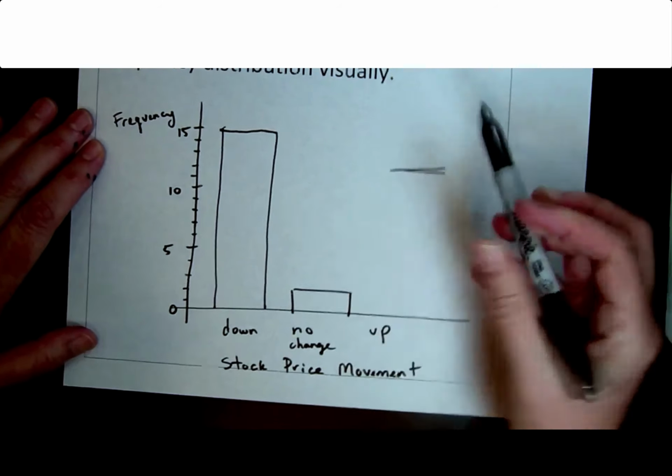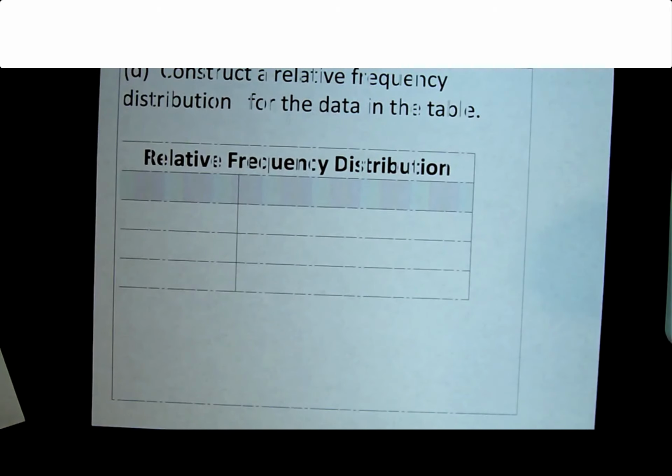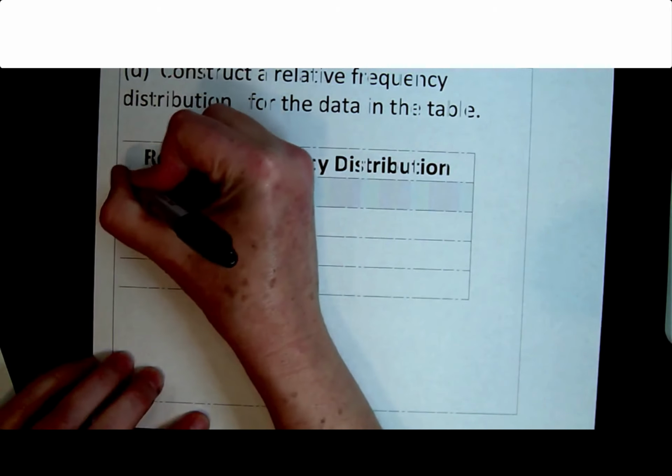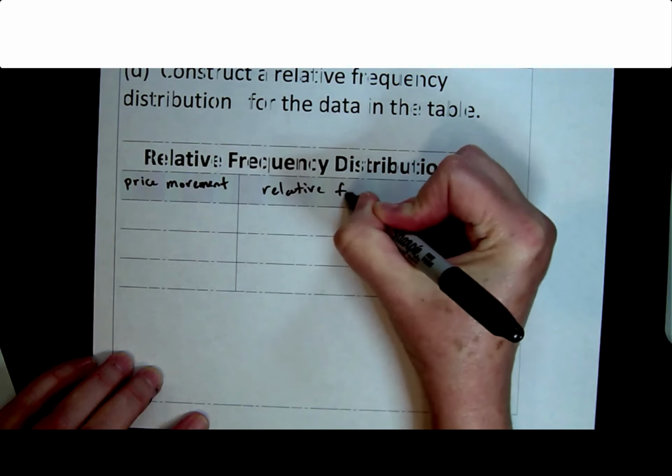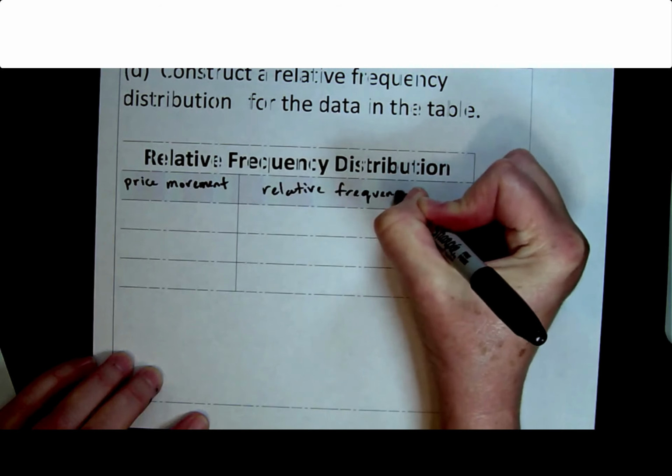A little trickier is the relative frequency. So let's look at that. So relative frequency distribution, again, in the first column we're going to be putting the data values for the variable price movement. And in the next column, we're going to put relative frequency instead of frequency.